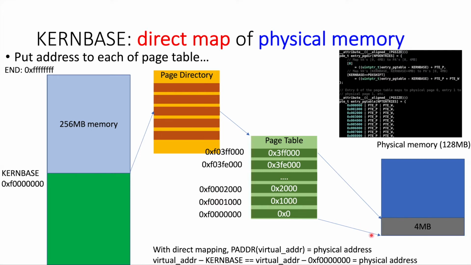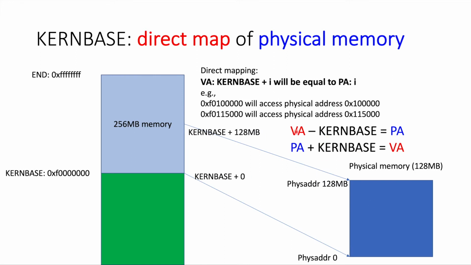That's why to translate a kernel virtual address to a physical address, we just subtract KERNBASE, because we directly map 0 to 128 megabytes like this, and by subtracting KERNBASE, we get the physical address.